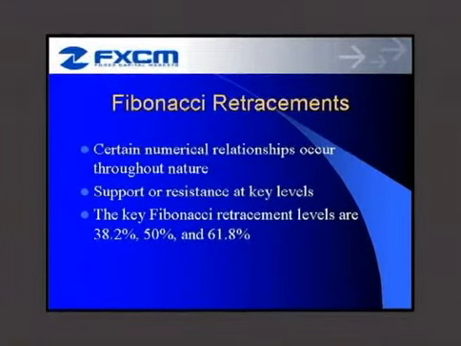And somehow this has been translated over into trading. Support and resistance is supposed to be found at key levels based on Fibonacci ratios. The key Fibonacci retracement levels are 38.2%, 50%, and 61.8%. So let's see exactly how this would work, and then I'll explain to you why I believe it works.